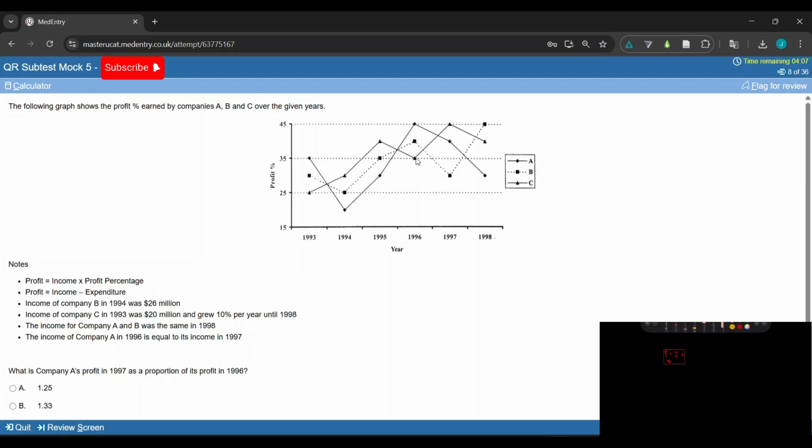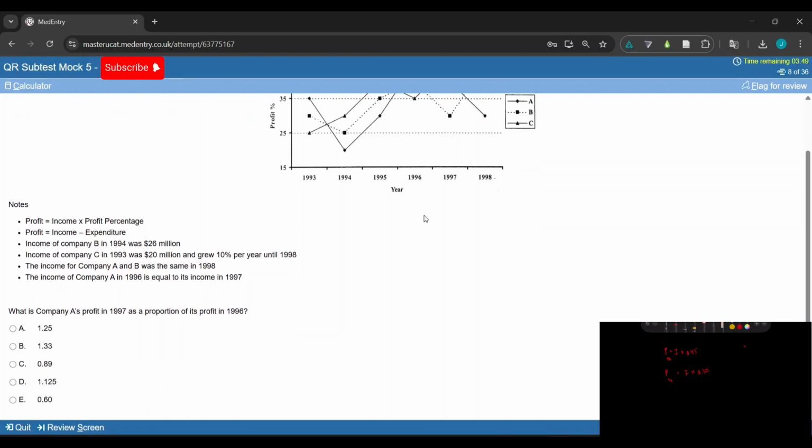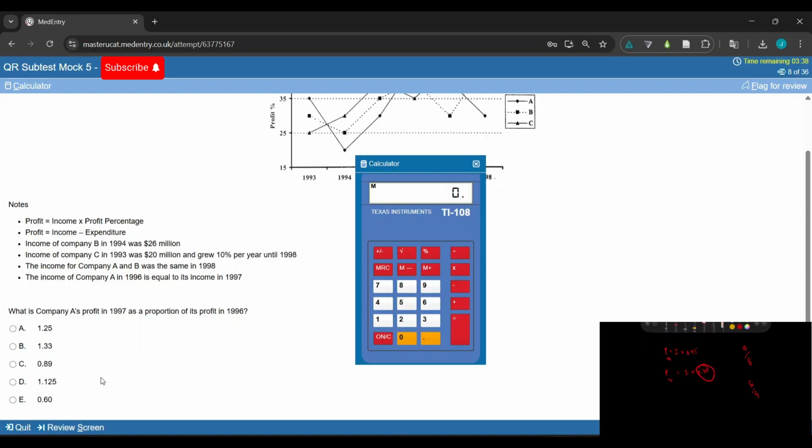So 96, the profit of A is I times 0.45, and then the profit in 97 is I times 0.40. So then it's going to be 9 over 8. Oh, okay, no, it's going to be the other way around. It's going to be 8 over 9. Yeah, because this is like 0.4 divided by 0.45. Yeah, it's 8 over 9.